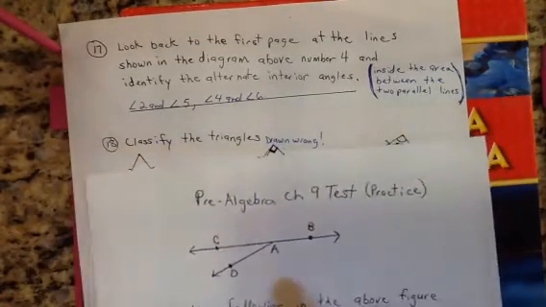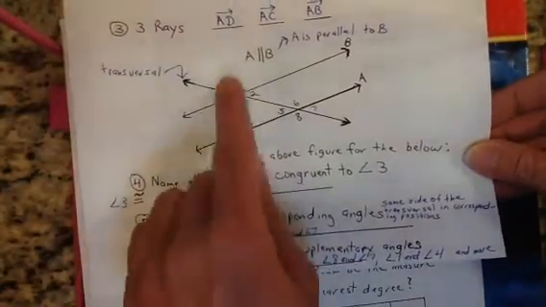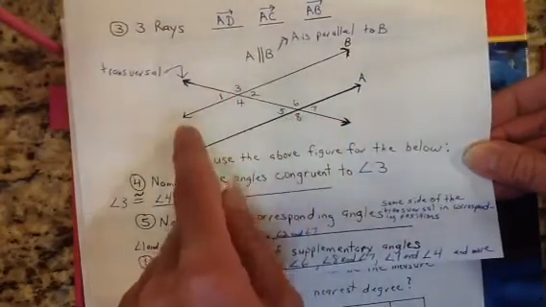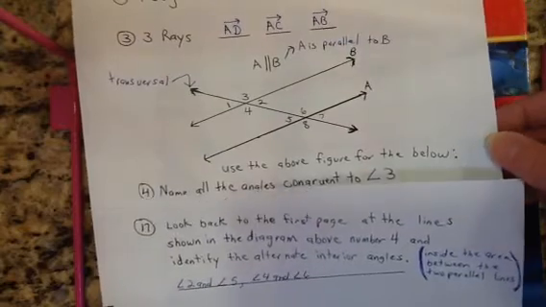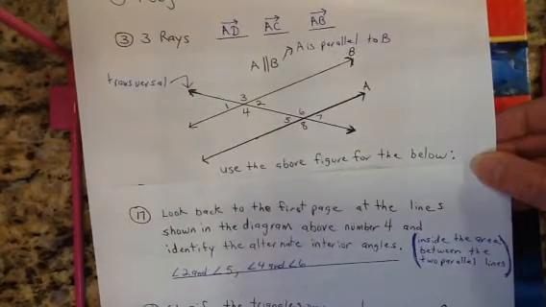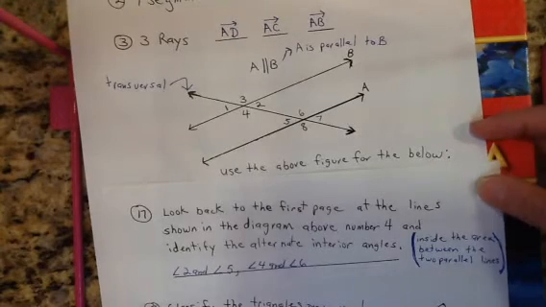At the lines. So in other words, here's 4. So in this figure here, what does our question ask us? It says in that figure, identify the alternate interior angles.